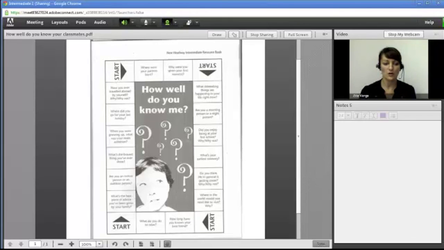I want you to take one step forward each time and talk about the topic, answering the question in the square, and you have to time each other. Every student will have to try and speak for at least 1 minute about the same topic, okay? The questions are all about you, and the board game is called How Well Do You Know Me?